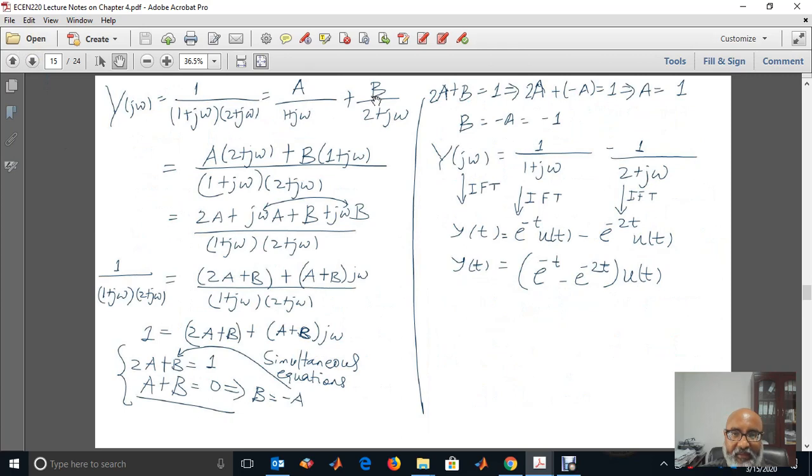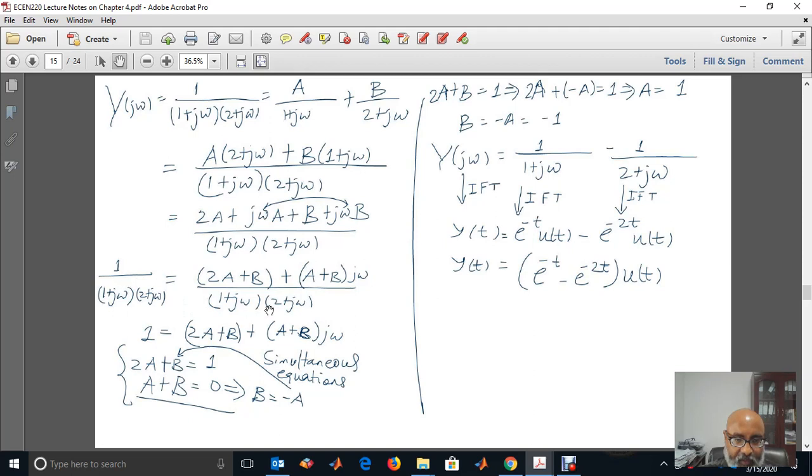Then we find A and B, and after that we change it to time. So you see here, I crisscross: A times this, B times this. I have this. Then I group 2A plus j omega A plus B plus j omega B, and then rearrange to (2A plus B) plus j omega (A plus B).